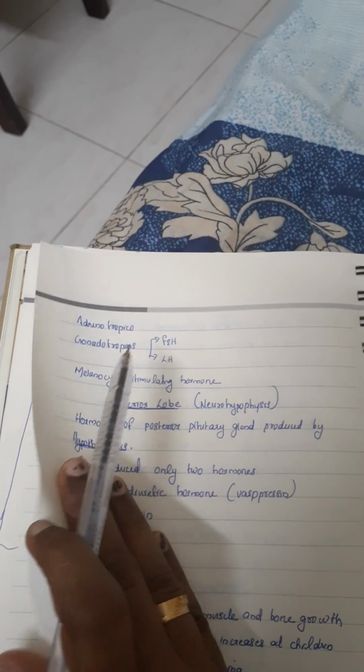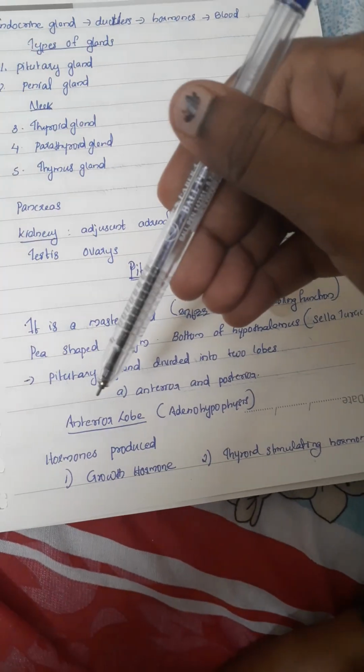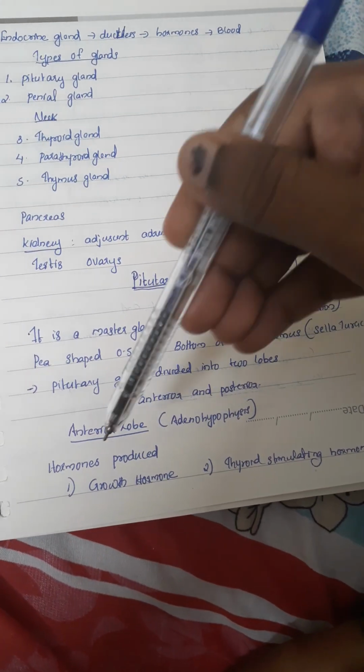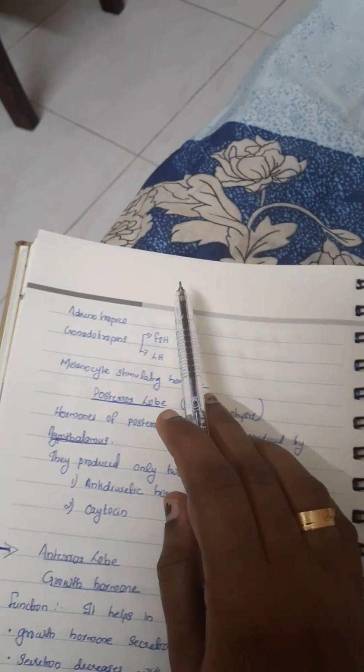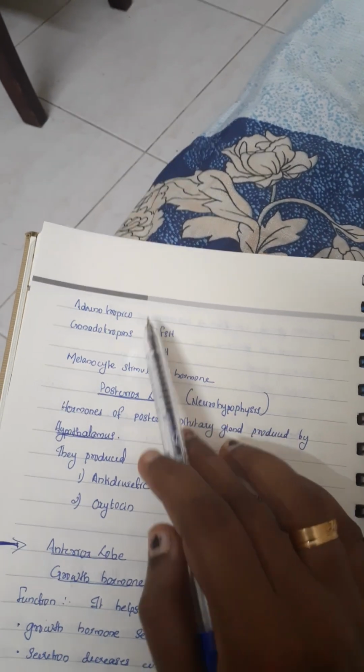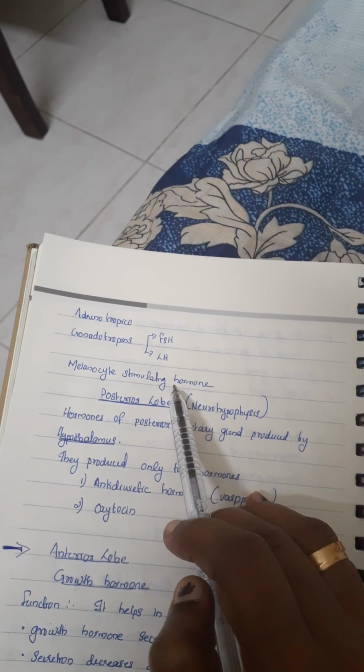All these hormones are produced from the anterior lobe or adenohypophysis.